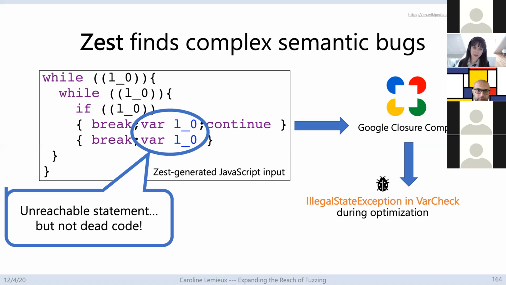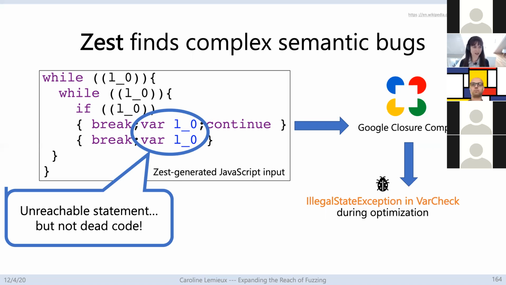Because JavaScript is a very strange language, var statements are hoisted. So even if they occur after a break statement in a loop, you cannot delete them in your dead code elimination stage. This is a type of bug that generator-based fuzzing alone with a simple JavaScript generator was not able to find in an effective amount of time.